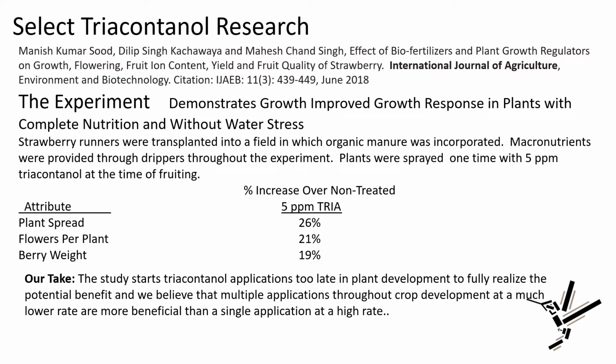At the end of the experiment, the treated plants had a 26% increase in plant spread, the surface area they're covering, and a 21% increase in flowers per plant, and the berry weight per fruit was higher as well.